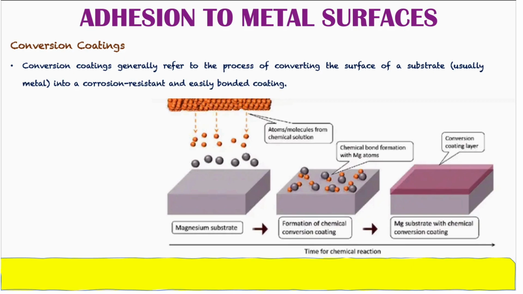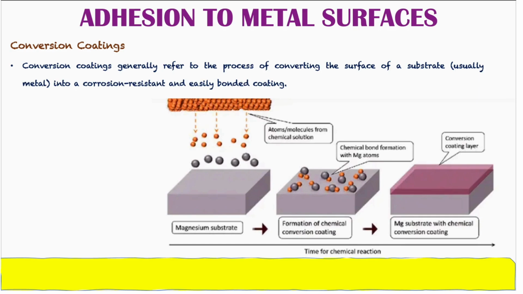Now, this network solidifies into a strong protective film. Just imagine a spider weaving an intricate web, only here on the surface, and the web is a durable protective shield covering the metal. So that is also called a conversion coating. But of course, since resin is used here, we call it organic conversion.